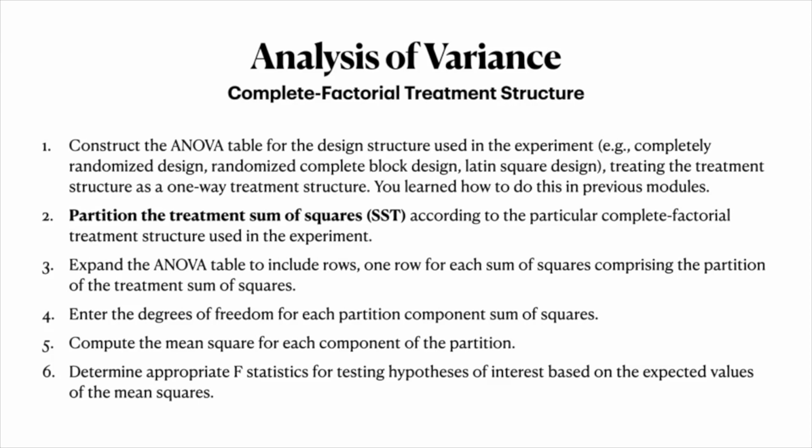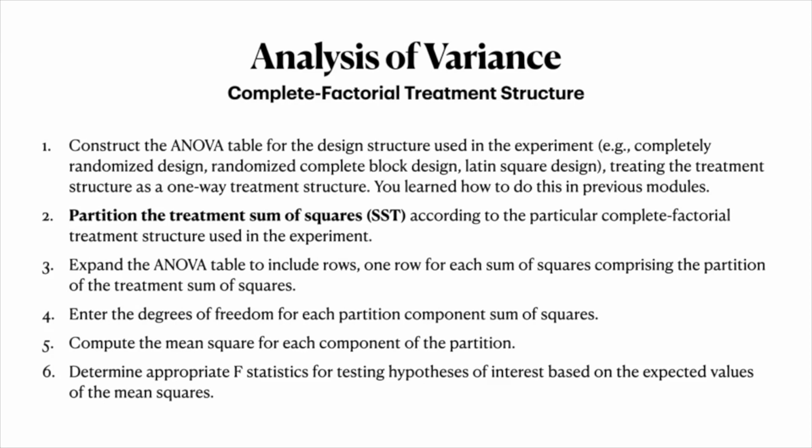Now, let me just say that this general approach is going to work regardless of the number of factors that we have comprising that complete factorial treatment structure. In the examples and in the demonstration that I'm going to show you, we're going to focus on a two-factor complete factorial treatment structure.